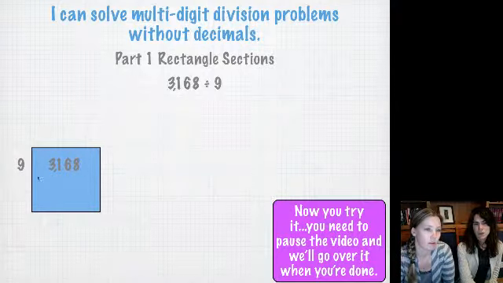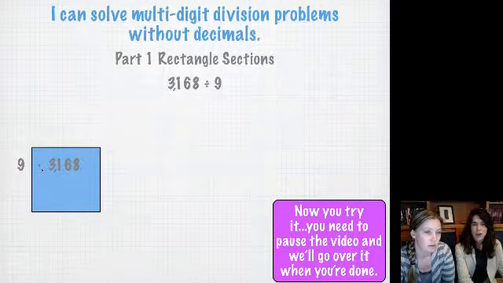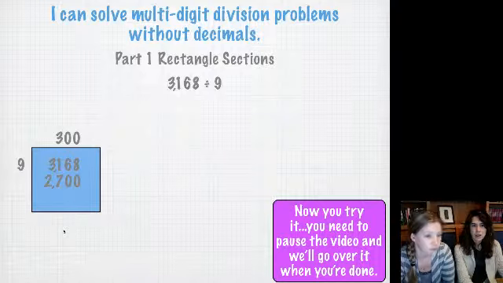So 3,168 divided by 9. And once again, you can just look at the first couple of numbers here and think to yourself, well, 9 times what will get me close to 31? And I'm thinking here 9 times probably 3 would work. And I know that 9 times 3 is 27, just tack on my zeros.